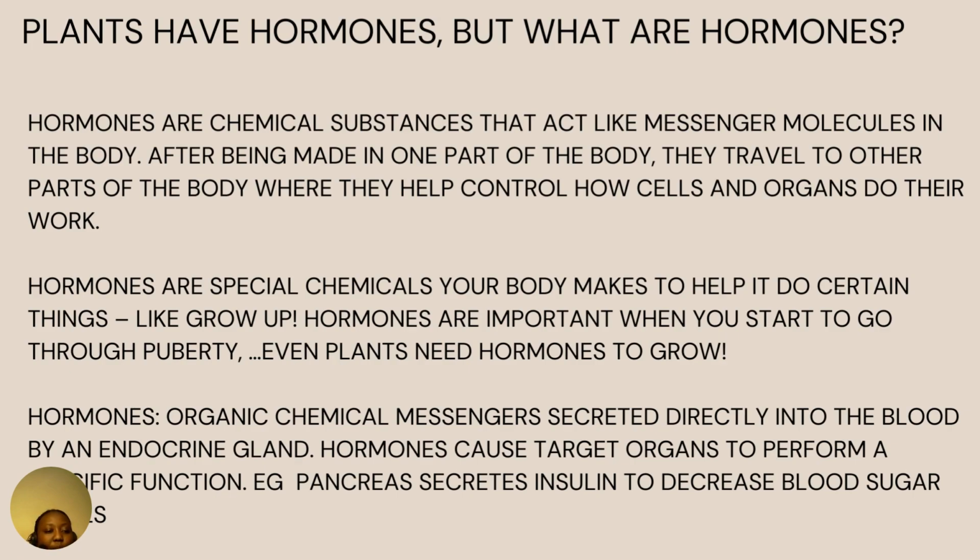That is when we are looking at human beings. But in this section, we are looking at plants and the hormones within plants. The hormones that humans or animals have are not necessarily the same hormones that plants have.